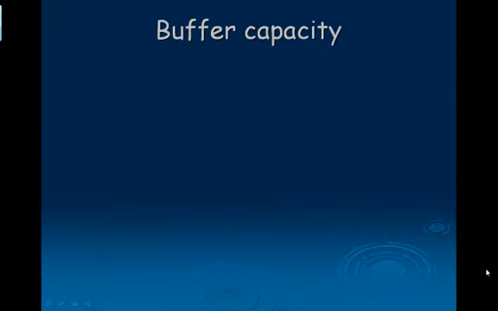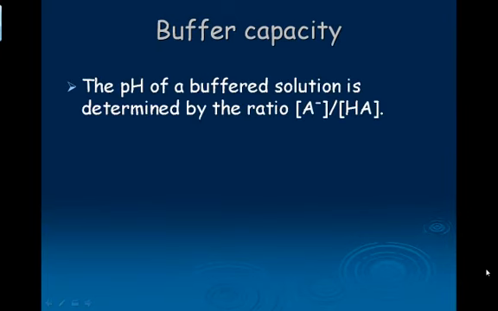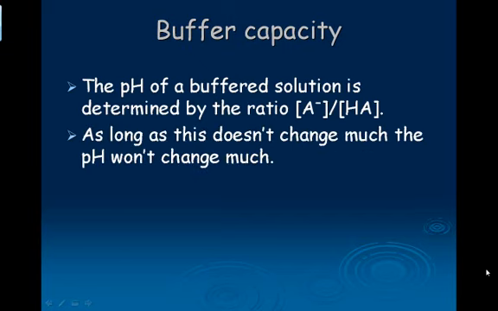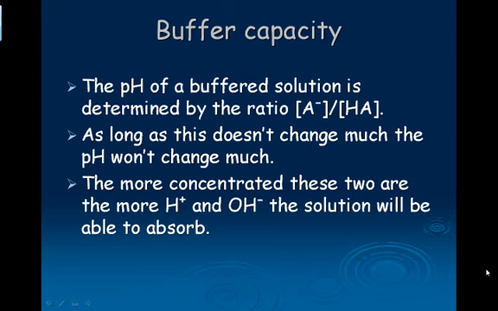Now, a buffer has a certain capacity, and you have to be careful with buffers. You can't add too much acid or too much base because you'll go past the capacity. As long as the ratio A minus to HA in the buffer doesn't change a whole lot, the pH won't change. The more concentrated these two are, the more H+ and OH minus the solution will be able to absorb.